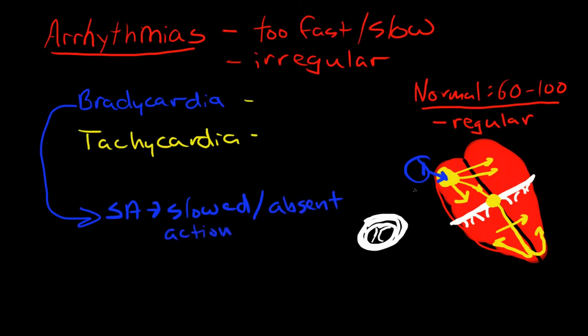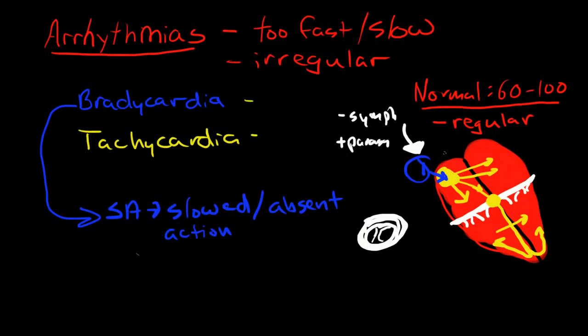Now, why is it slowed? Most frequently it is slowed because it's getting less sympathetic nervous system impulses, or it's getting more parasympathetic, and those actions will slow the SA node.